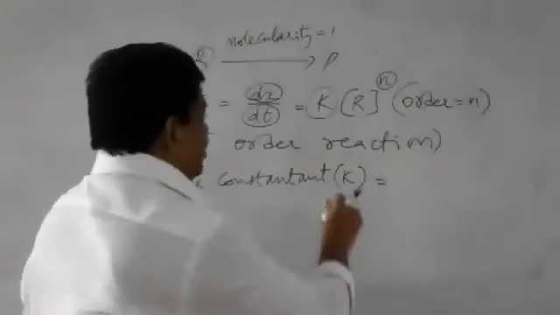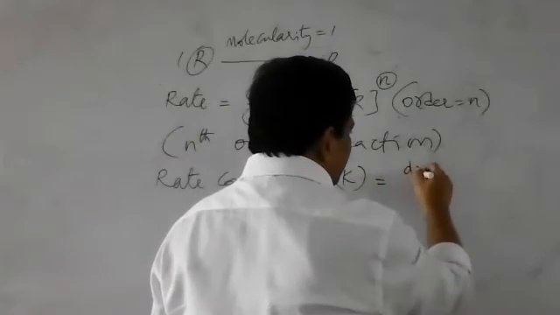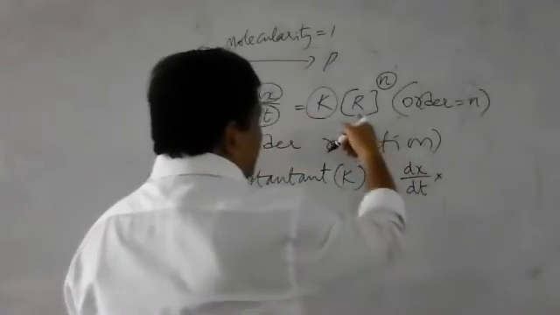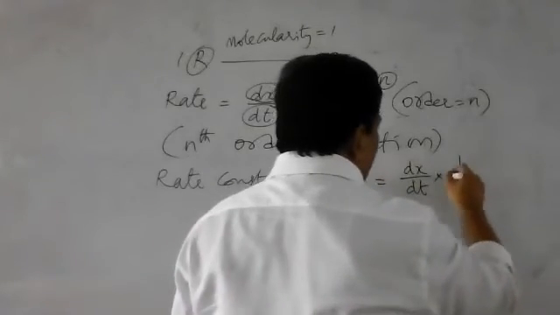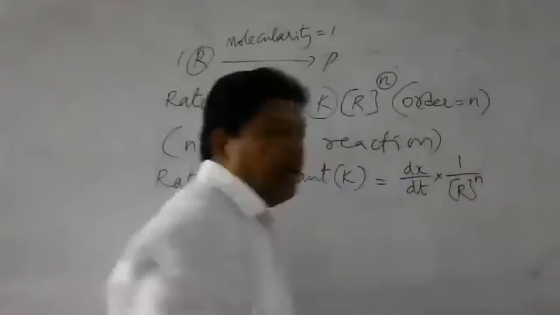So K is equal to dx by dt into 1 by [R] power n.